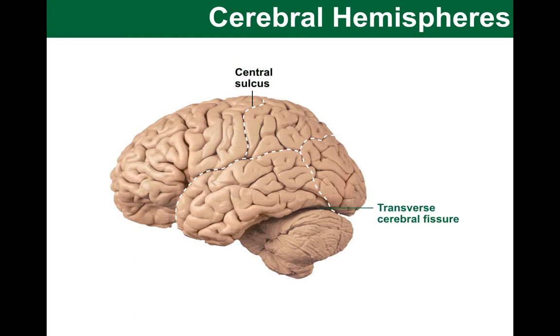The transverse cerebral fissure again separates the occipital lobe and cerebellum, our little brain. The lateral sulcus separates the temporal lobe from the rest. And finally, the parieto-occipital sulcus separates the occipital lobe from the parietal lobe.